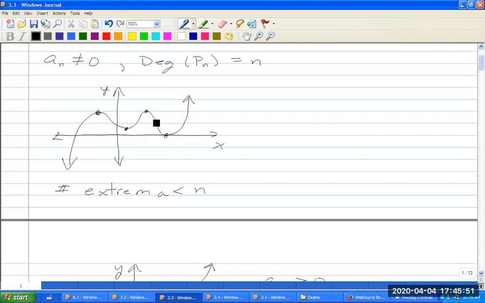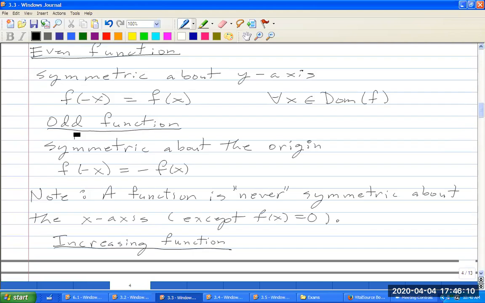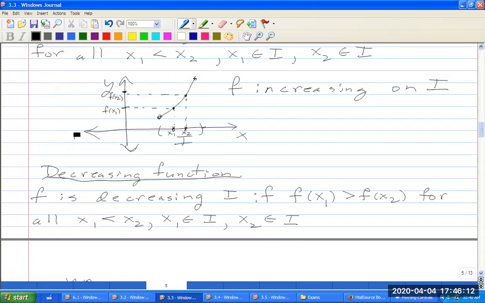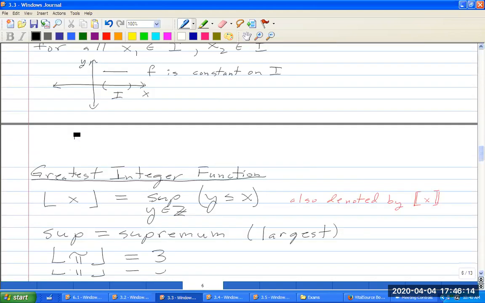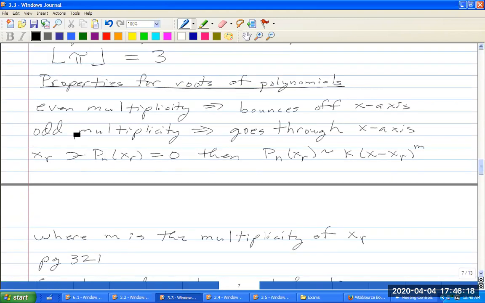If you look locally, notice that in this small region here, this actually looks like y equals x squared. And if you look in this small region here, it looks like y equals x. So this is really going to be a local property of polynomials near their roots. They look somehow like easier polynomials.